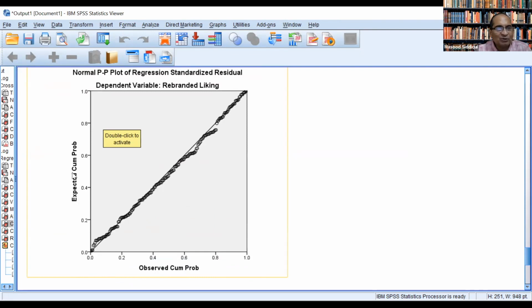These expected values are estimated considering that the distribution is normal. So if the distribution is actually normal, we get equal observed and expected values. Most of the points are lying on this 45-degree line, so we can say that the normal approximation has been fulfilled.